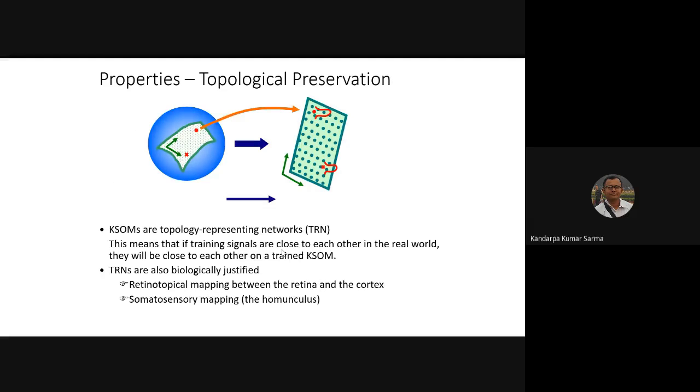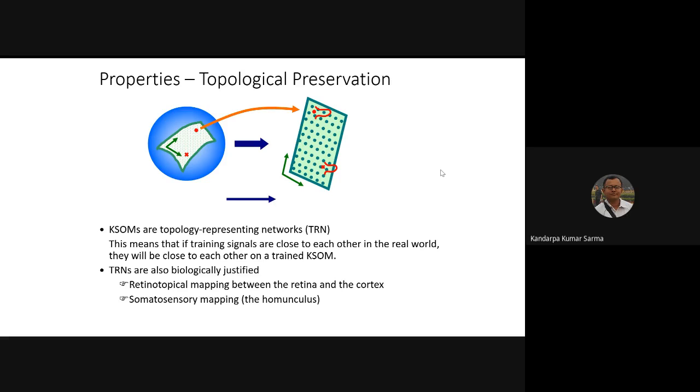The property that you have a guarantee of is topological preservation. Kohonen maps are topology preserving networks. This means that if training signals are close to each other in the real world, they will be close to each other in a trained Kohonen map.